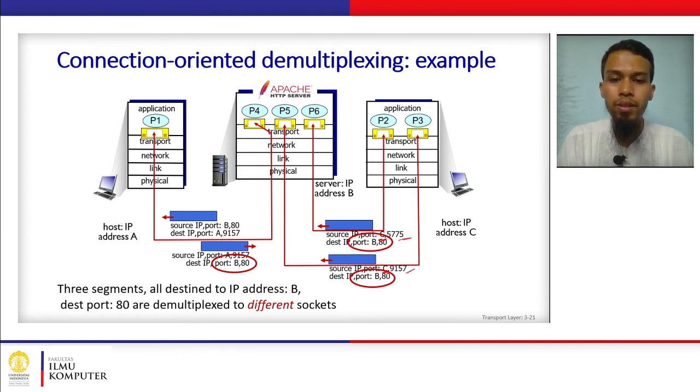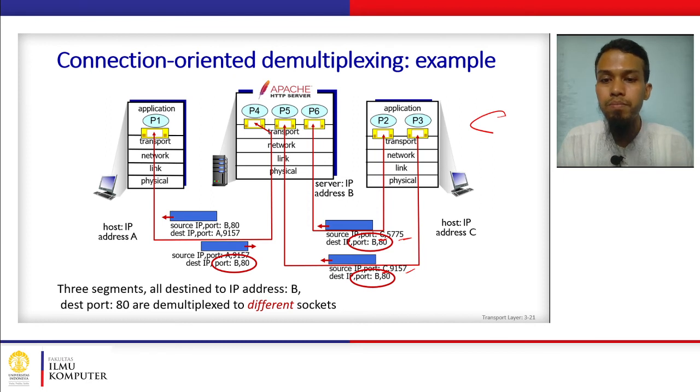If you take a look at this, the destination IP and destination port are the same, B and 80, and it also has the same source address C, but different source ports. Then the server has to open 2 different sockets for host C.